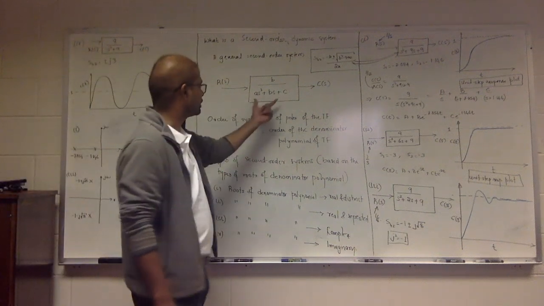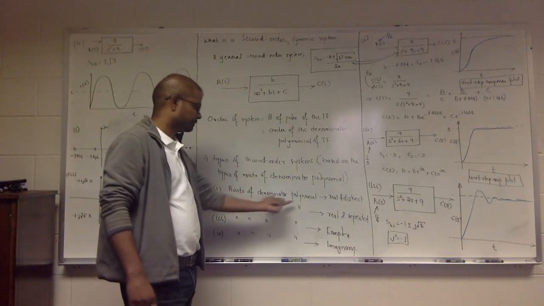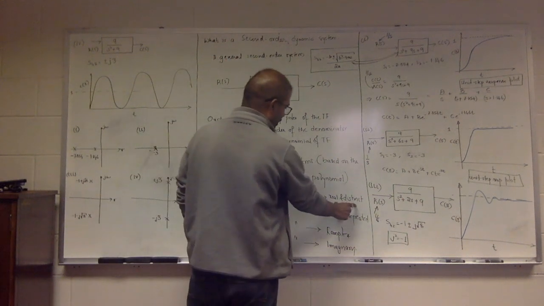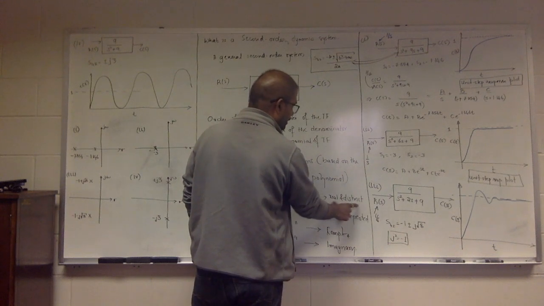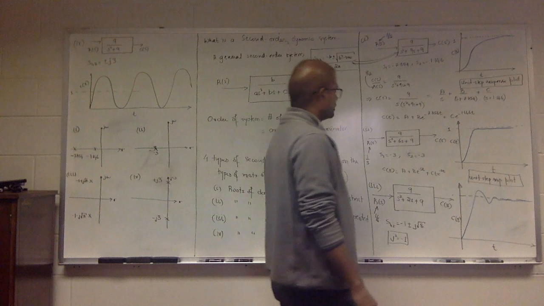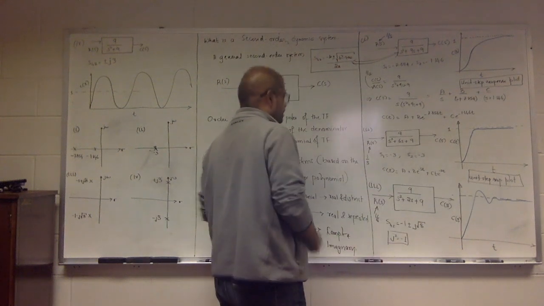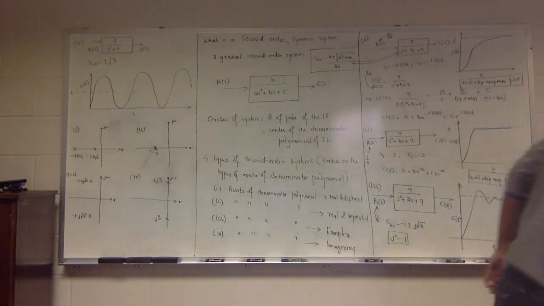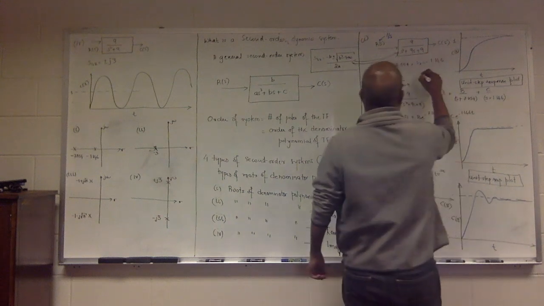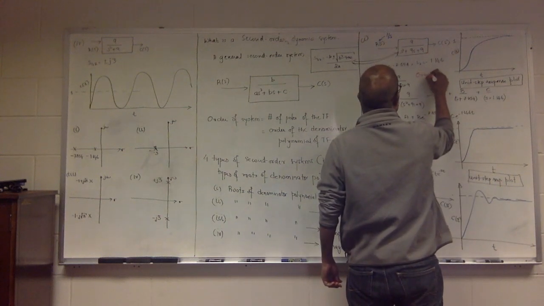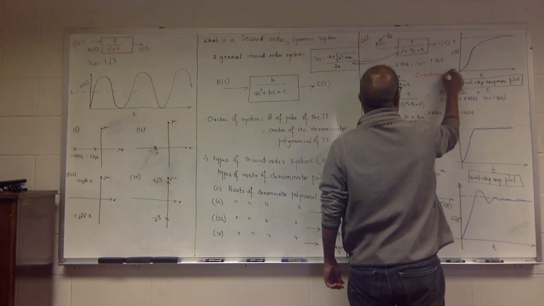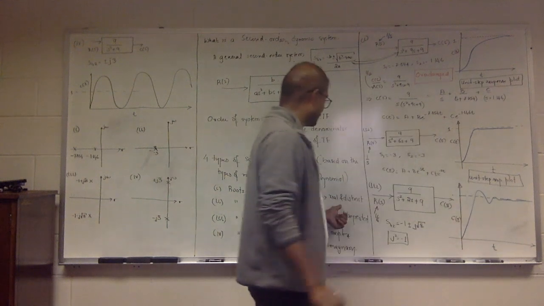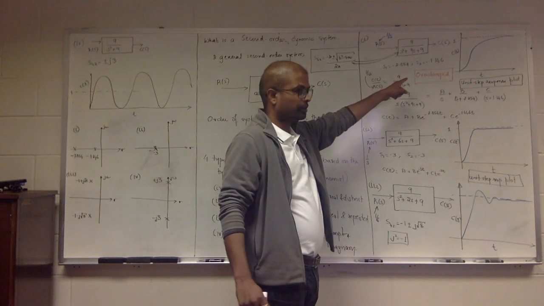All right, so we looked at stable systems. Now we look at what the different types of stable systems are. The roots can be real and distinct. If the roots are real and distinct, the system is called, and I'm going to mark it in red, an overdamped system.